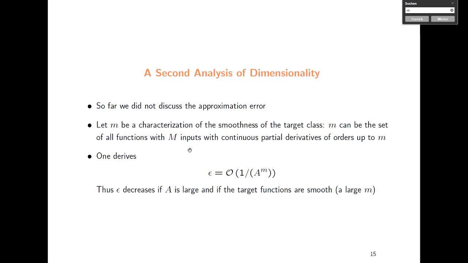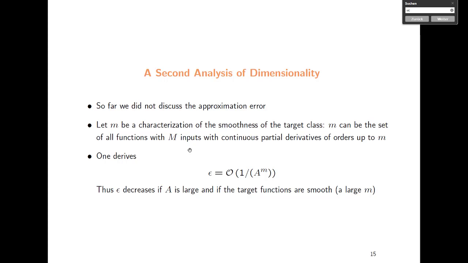So epsilon, the error we are willing to tolerate, is on the order of 1 divided by a to the m. So a is the number of basis functions per dimension, and m is something like a smoothness measure of the target class.